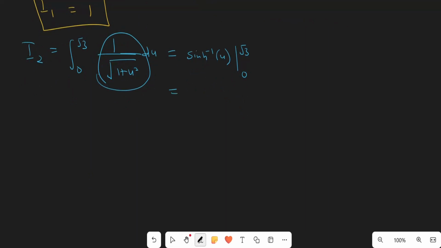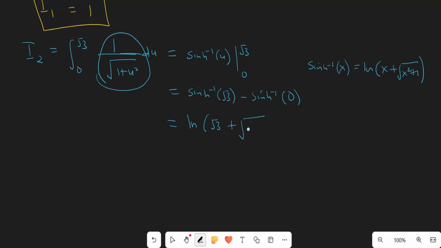So we can just plug in our limits now. So this one is the sine hyperbolic inverse of the square root of 3 minus the sine hyperbolic inverse of 0. We have to know that the sine hyperbolic inverse of x can be written as the ln of x plus the square root of x squared plus 1. So knowing this, we can find the sine hyperbolic inverse of the square root of 3, which is the ln of the square root of 3 plus the square root of the square root of 3 squared plus 1, minus sine hyperbolic inverse of 0, which is 0.